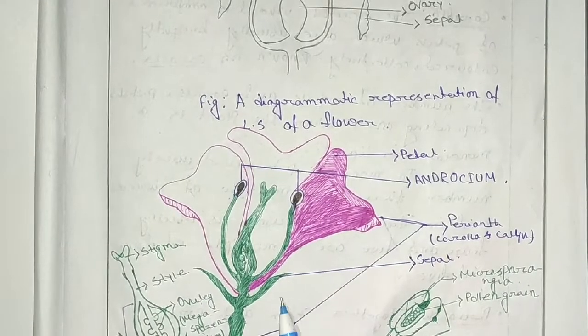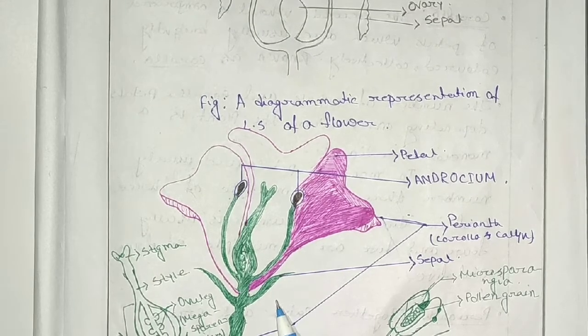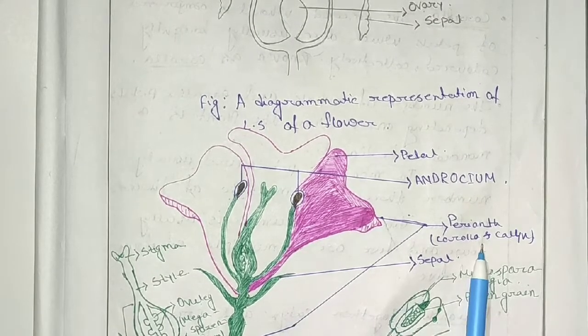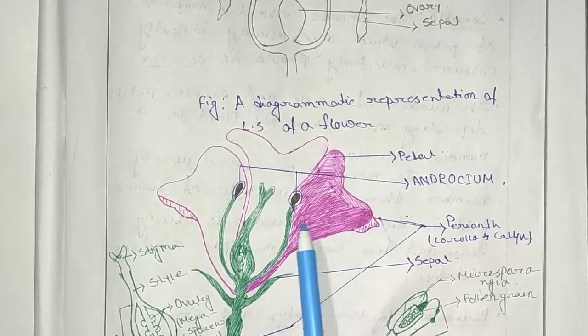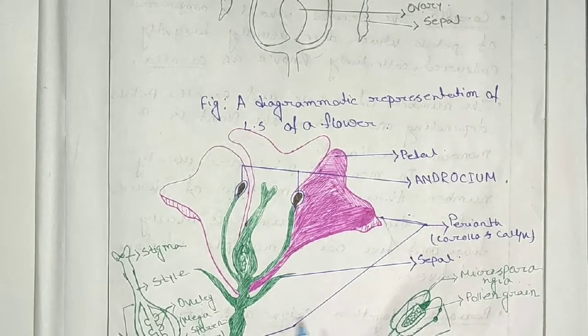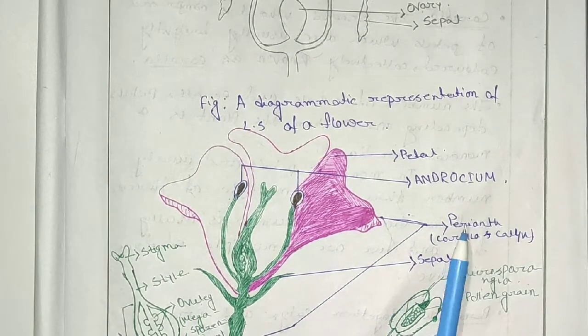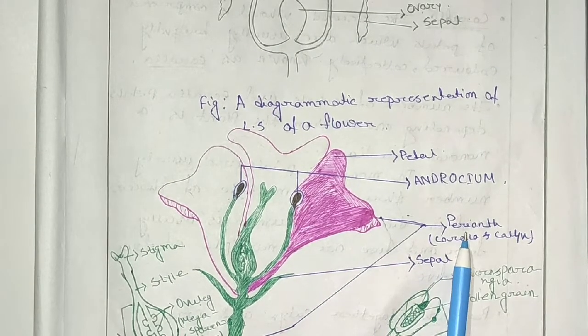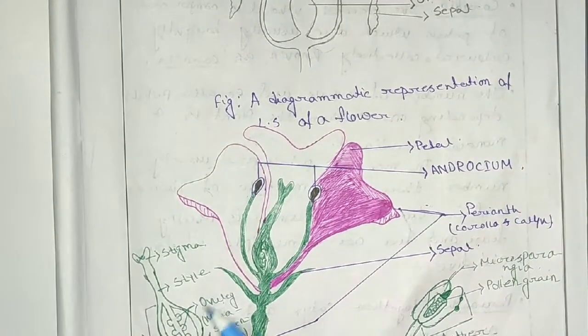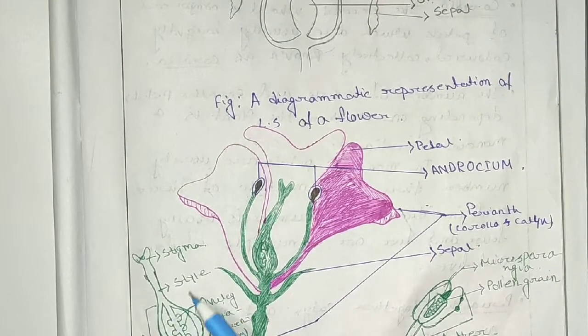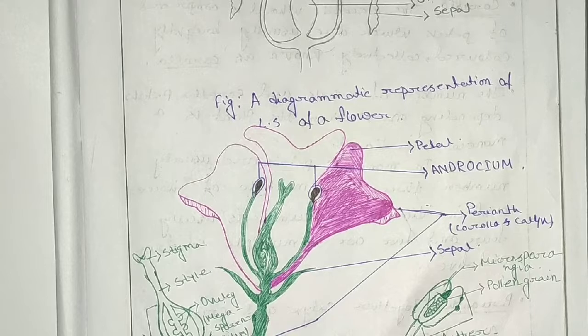Corolla is the petals together. And what is calyx? The sepals together are known as calyx, and corolla and calyx together are known as the perianth.